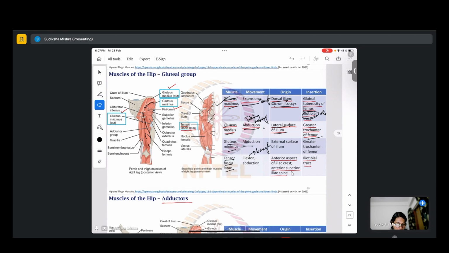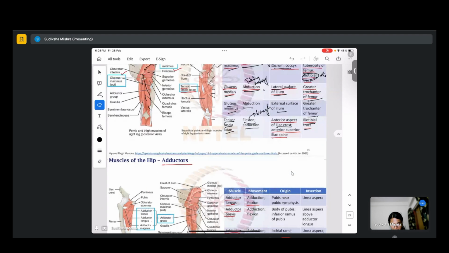It also originates from the ilium and inserts into the femur. Next is the tensor fascia latae, which is responsible for both flexion and abduction, so two functions. The origin again is in the ilium, in the iliac crest, and it inserts into the iliotibial tract, which is somewhere in the lower leg.